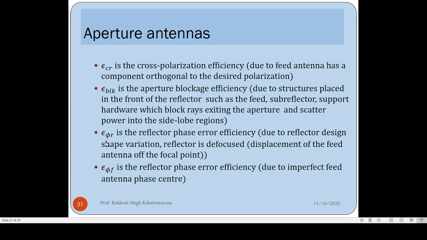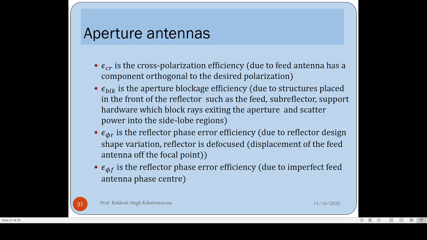And you also have epsilon phi r, the reflector phase error efficiency. This reflector phase error efficiency may be due to reflector design shape variation. When you design or manufacture this reflector, the shape may not be properly designed or may not be properly manufactured. This is one case.